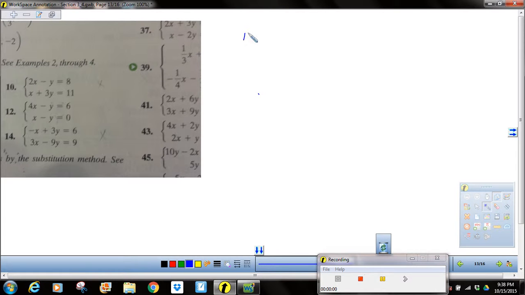So number 12. Like we said earlier, with graphing, it's preferred that you write them side by side so that you have room to actually solve them for y and get them in slope-intercept form.